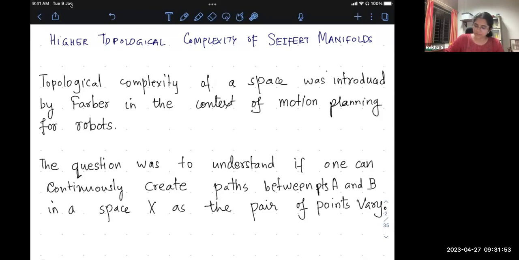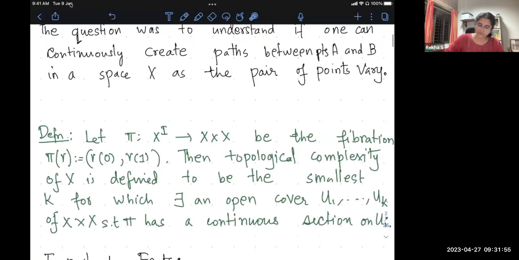Okay, so more formally, this could be thought of as whether we can have a continuous section of this fibration, which goes from the space of paths to X cross X, and basically takes a path to its starting and end point. If this map had a continuous section S, then you would have a motion planner.